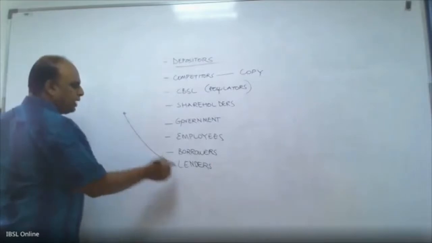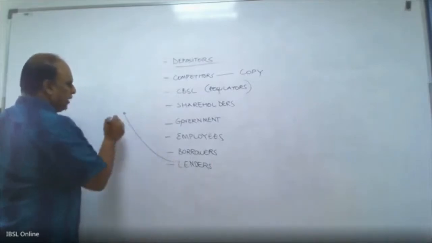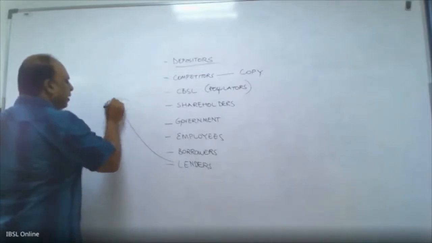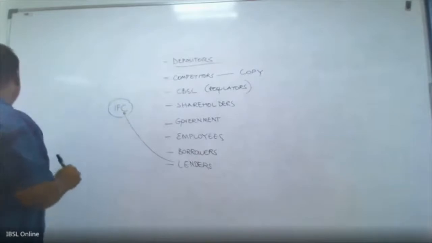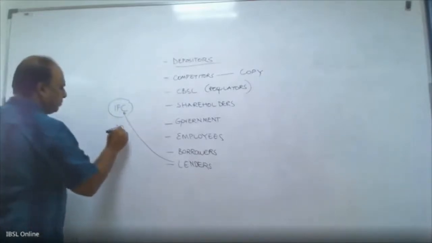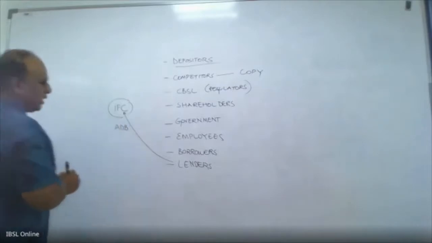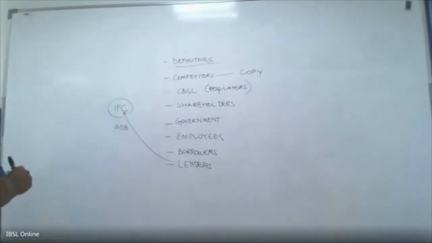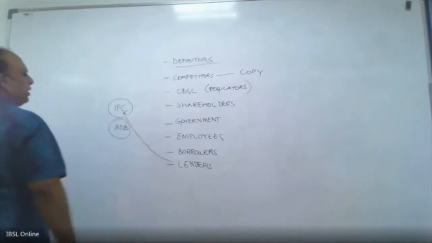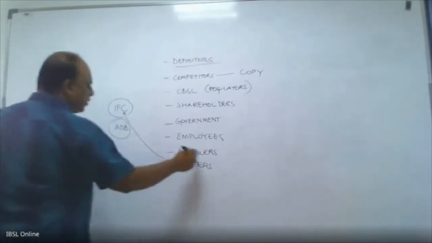So those people become lenders to you. For example, mostly the Sri Lankan banks depend on IFC, International Finance Corporation, or maybe the ADB, which is the credit lines, right? So these are the people who do funding or lending to the banks. So the lenders are also very important.